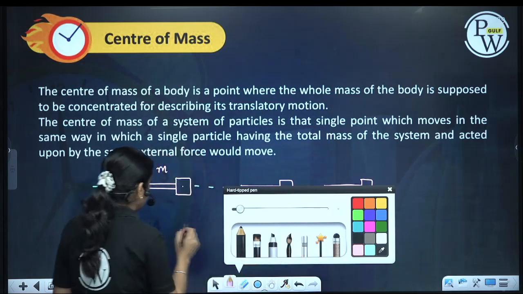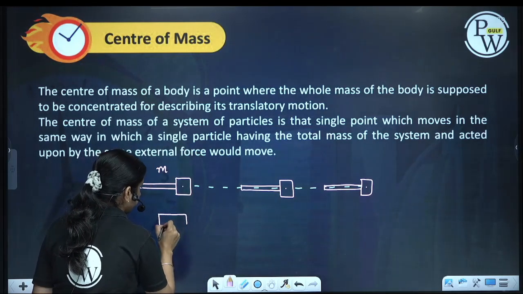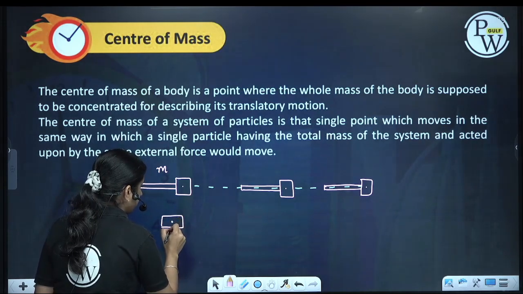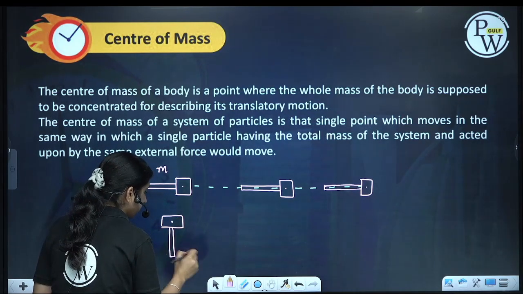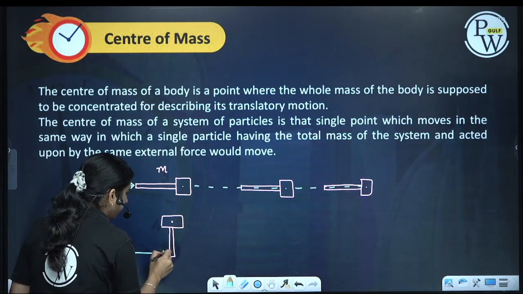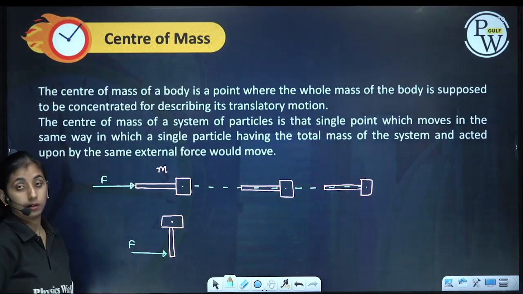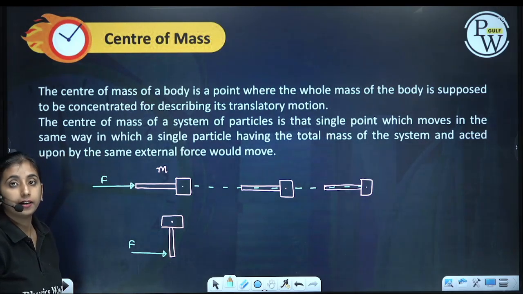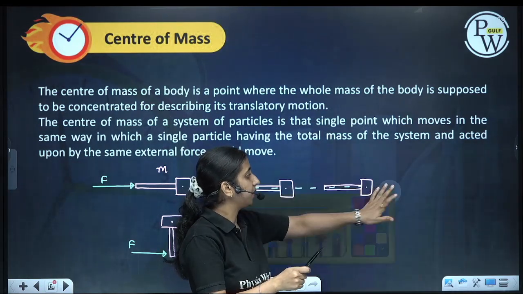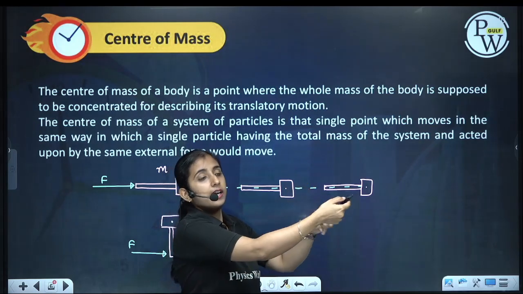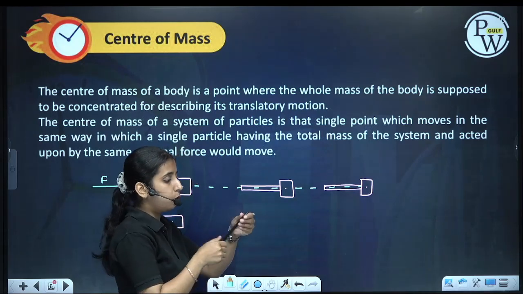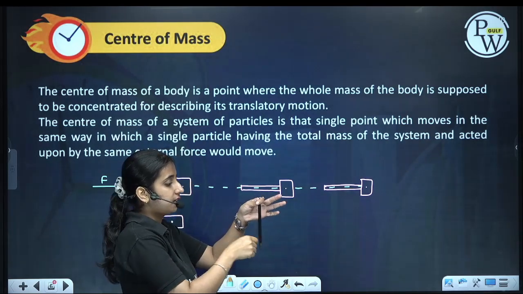Now suppose the hammer is like this, and we apply a force F over the handle. What will happen if we apply a force F over here? It will rotate and simultaneously translate. Now I have held this pen, so it is only rotating.